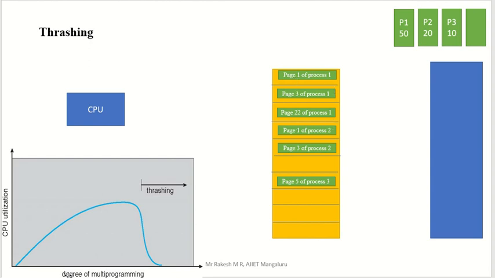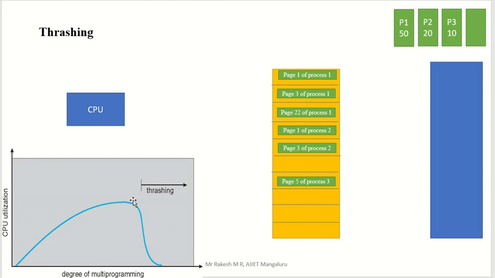As the degree of multiprogramming increases, a lot of processes are there in your main memory, but the size of your main memory is small. Up to a particular point, CPU utilization is high and degree of multiprogramming is high, and both increase till here.